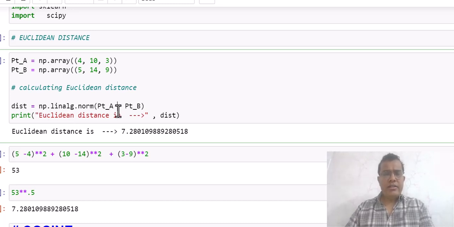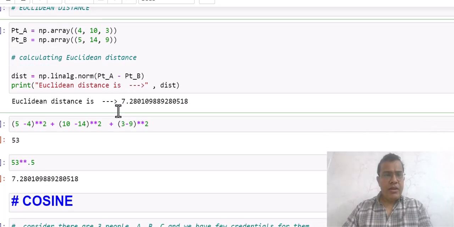The formula here is x1 minus x2 whole square plus y1 minus y2 whole square plus z1 minus z2 whole square, if your data is in 3 dimensions.